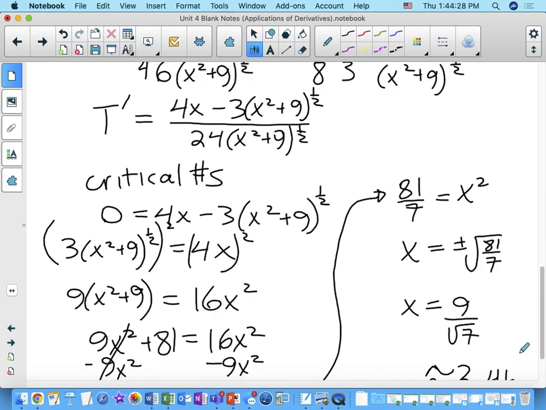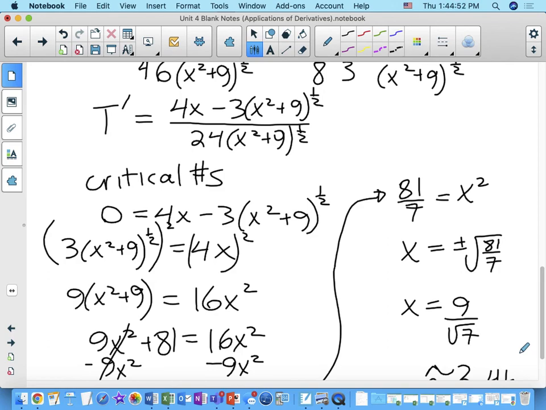For the derivative being equal to 0, we have to look at the numerator. Okay, so critical numbers occur when the numerator is equal to 0 and when the denominator is equal to 0, but it means a different thing for the first derivative in each case. And in fact, it's the same with the second derivative.